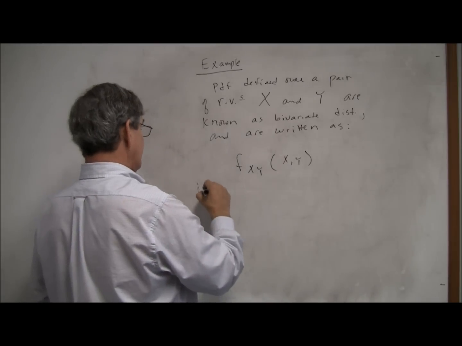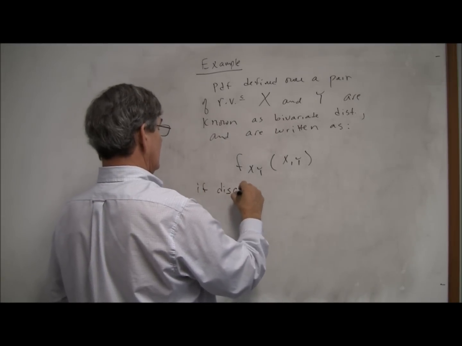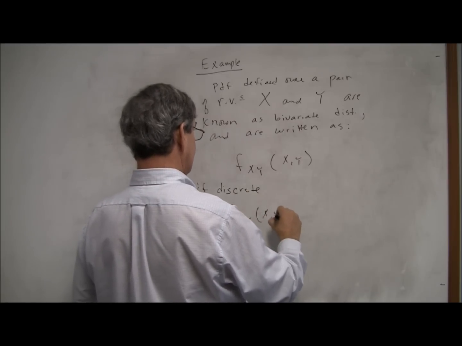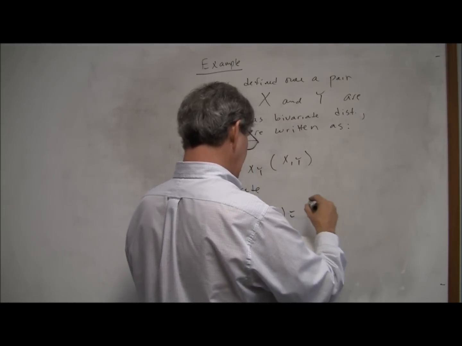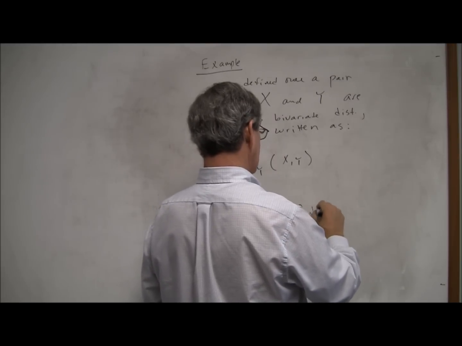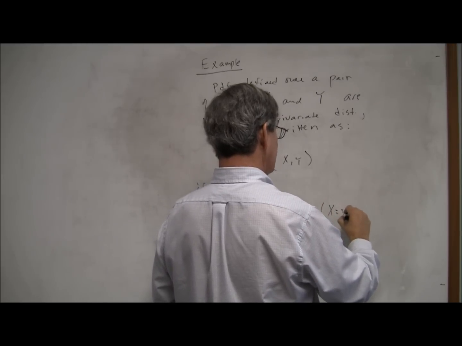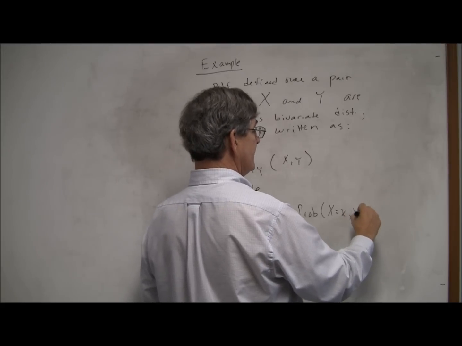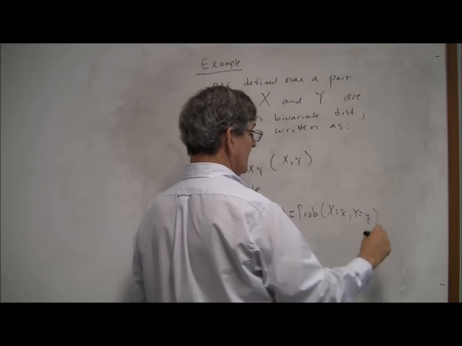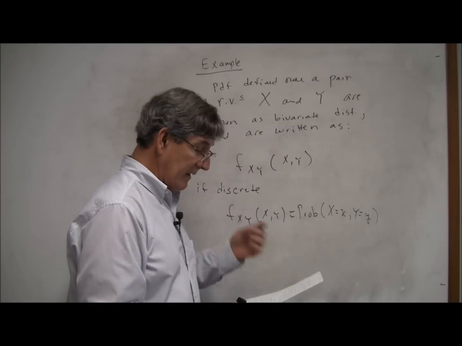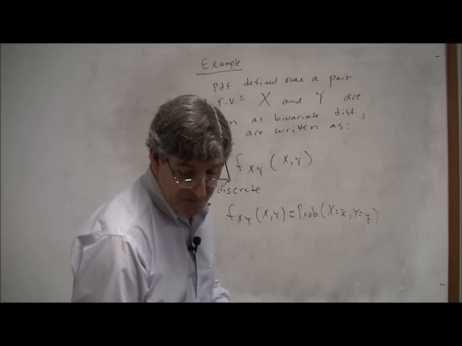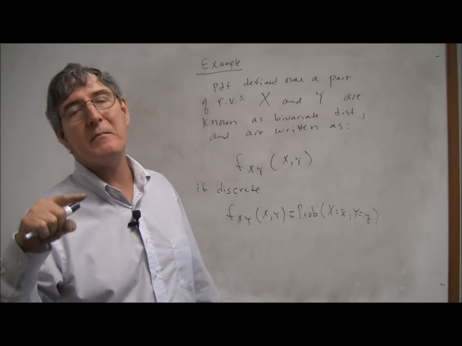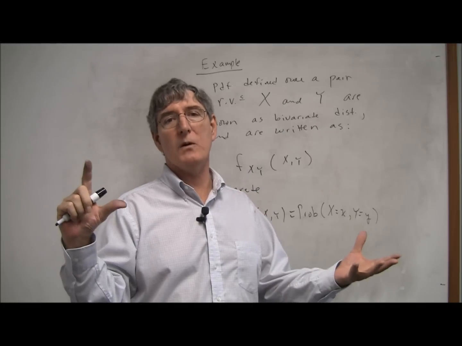If it's discrete, f of x, y is just the probability that x takes some value, remember the little things in actual value, and y takes some value. So for instance, in my example here, we're going to have a spinner. It has 4 sections, 1, 2, 3, 4. We're going to spin the spinner, and that's one outcome.